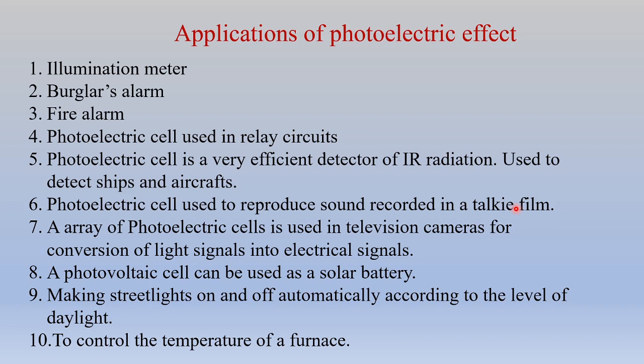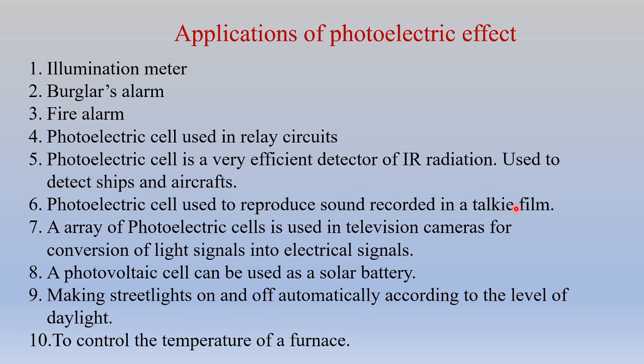A burglar alarm can be constructed with a photoelectric cell. In front of the door, we place a photoelectric cell and an IR transmitter, which continuously transmits IR radiations that are received by the photoelectric cell, giving a particular value of photoelectric current.